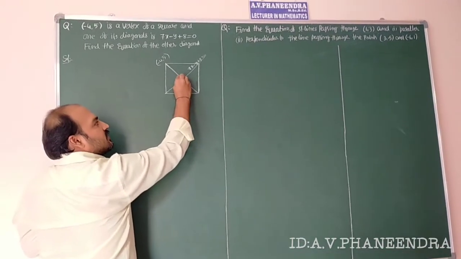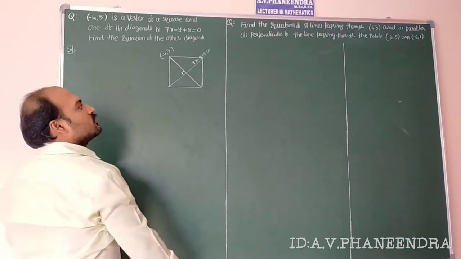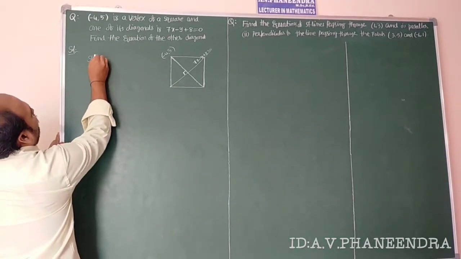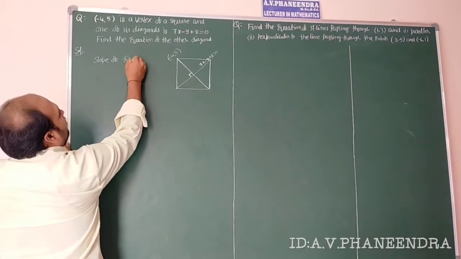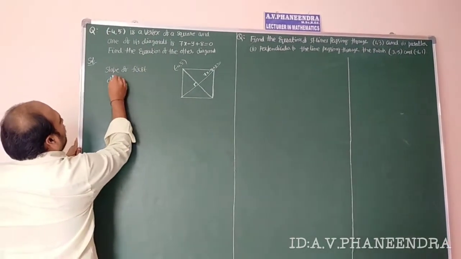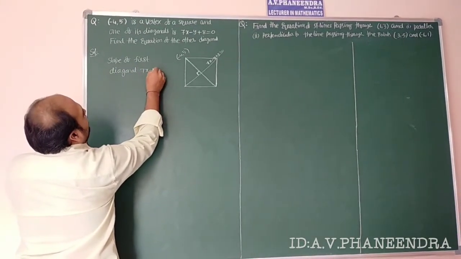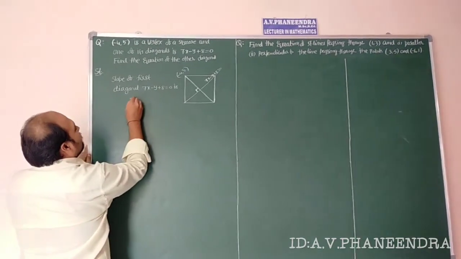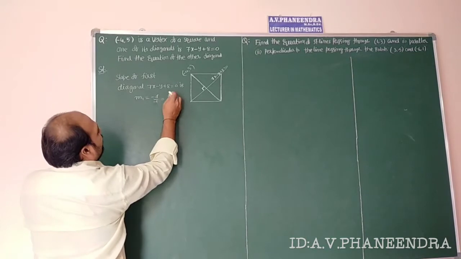We know that diagonals are perpendicular in a square. So the slope of the first diagonal, 7x minus y plus 8 equal to 0, is m1 is equal to minus 7 by minus 1, which is equal to 7.